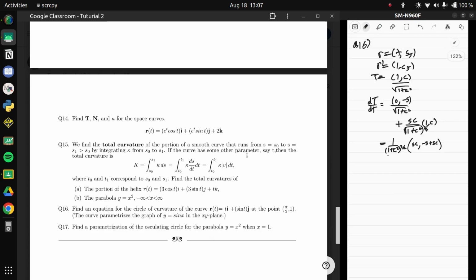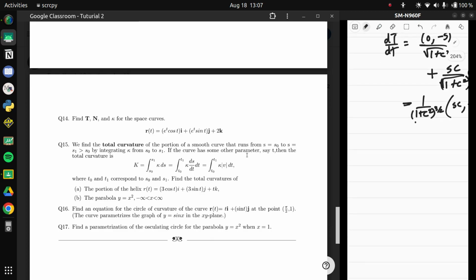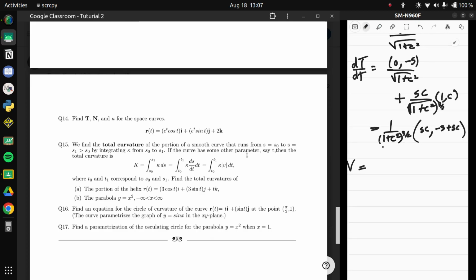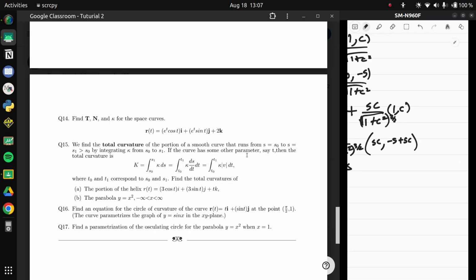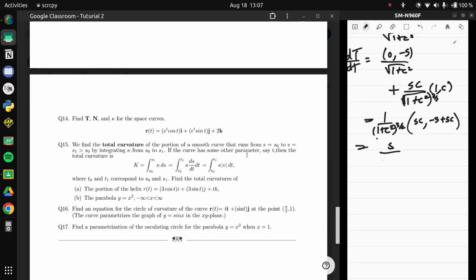That makes sense. So you discard all that. You can factor out: sine upon (1 plus cosine squared) to the 3 by 2, times (cosine, negative 1 plus cosine).